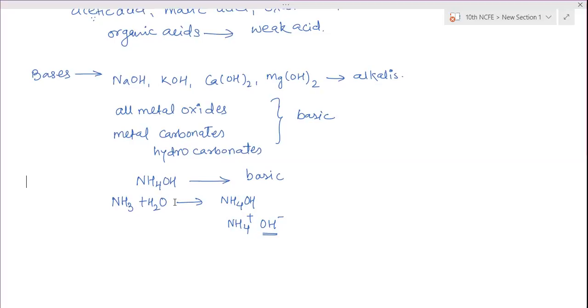It produces OH minus ions in water. Therefore considered basic.